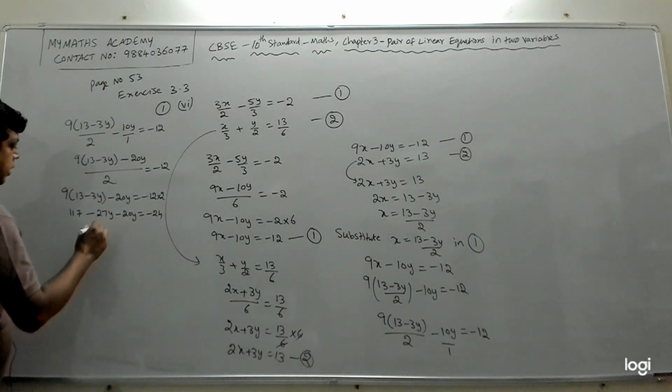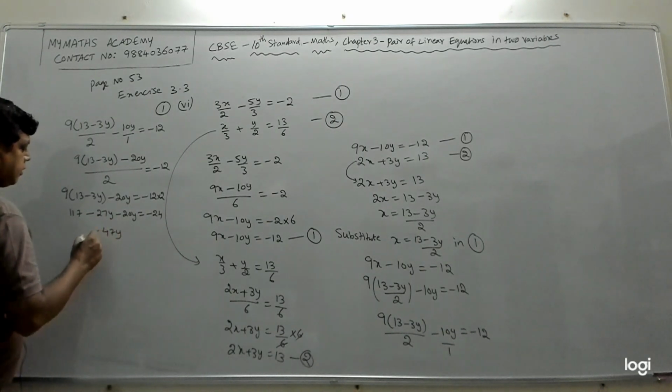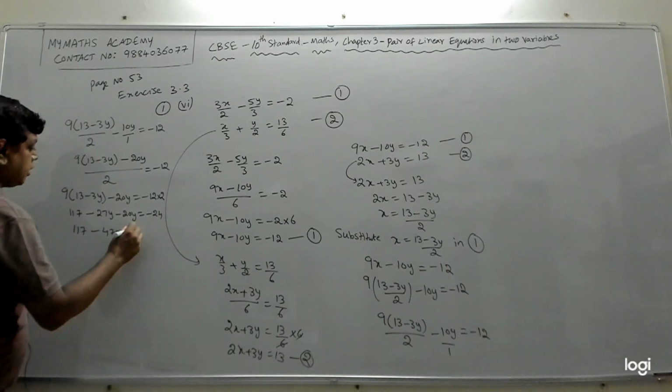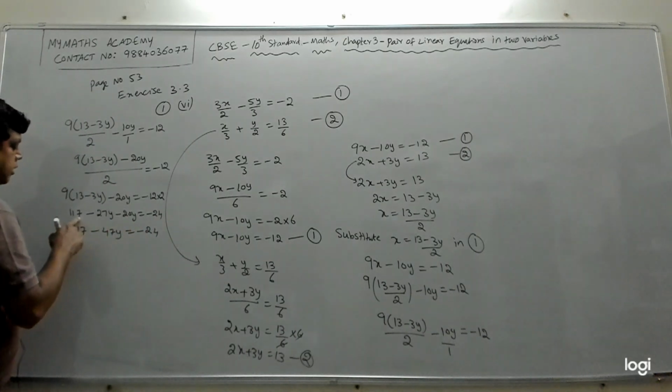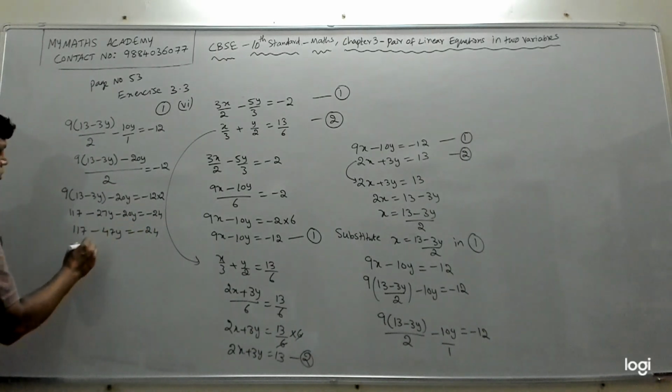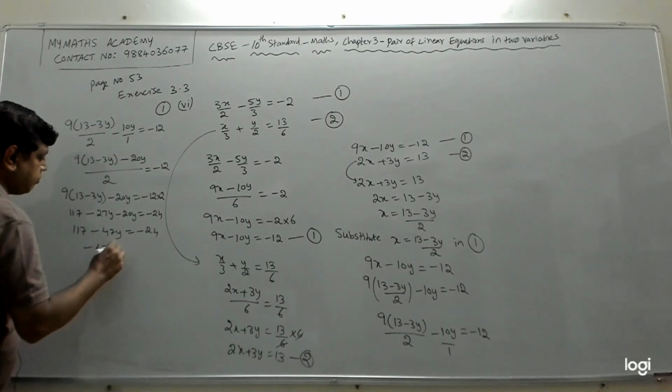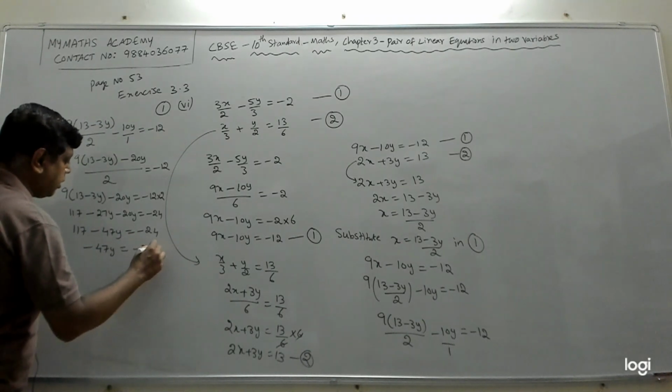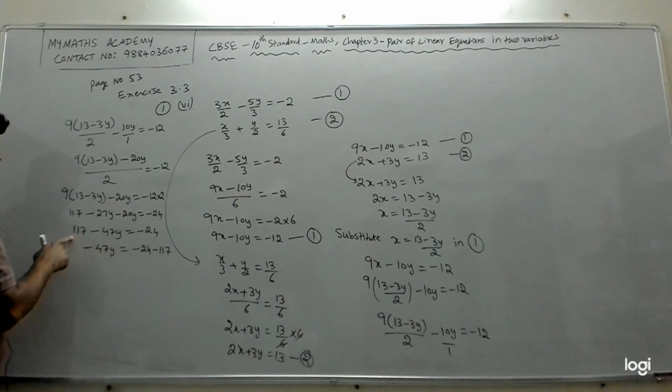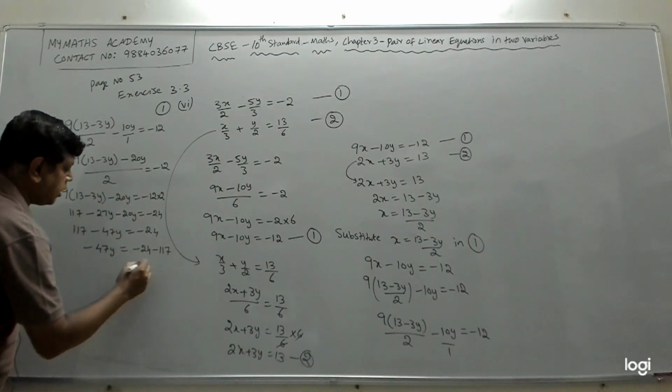Now if we add these, we will get minus 47y. 117 minus 47y equal to minus 24. So minus 47y will become minus 24 minus 117, since the plus 117 goes to the other side as minus 117.